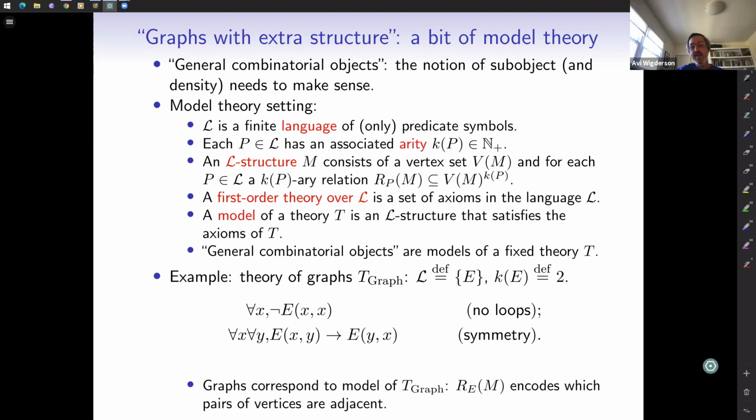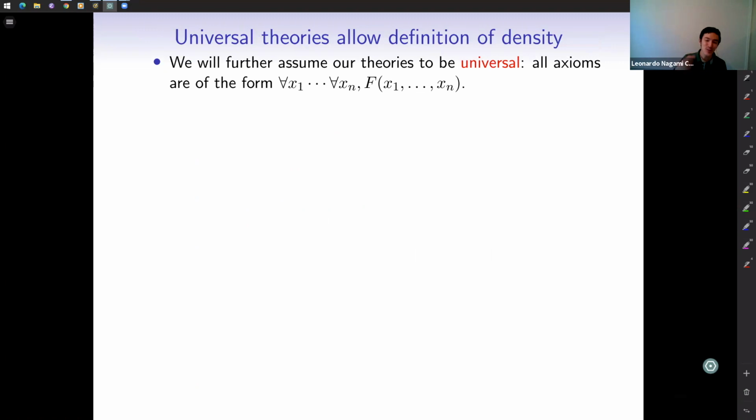You can see, for example, that he could have removed the second axiom, and then it would allow directed graphs, or he could have made another predicate E of arity 3, describing 3-uniform hypergraphs and so on. Exactly. In fact, you're anticipating my next slide, about two slides from now, in which I'm going to give some more examples of this.